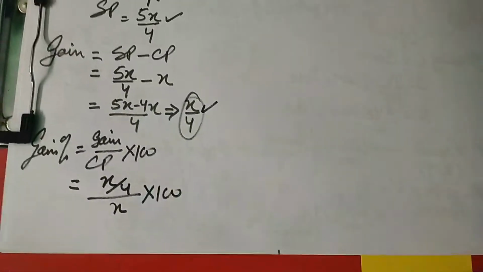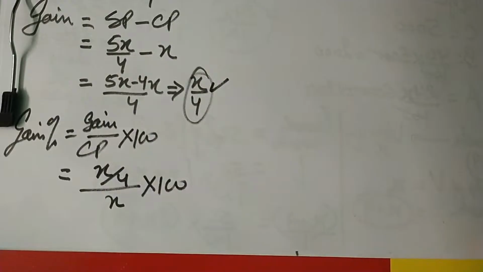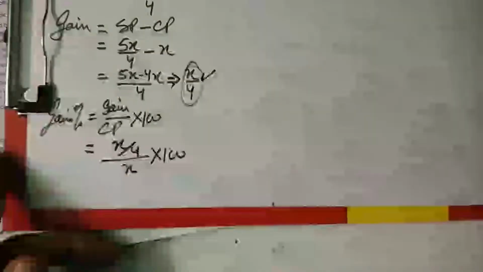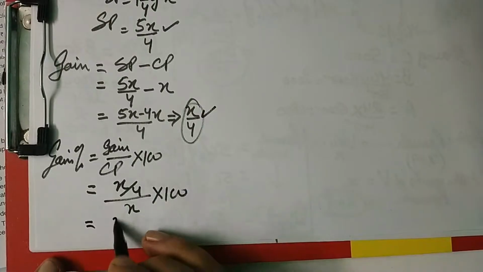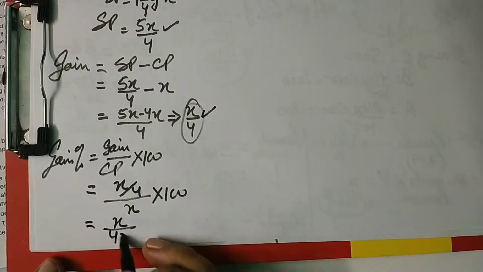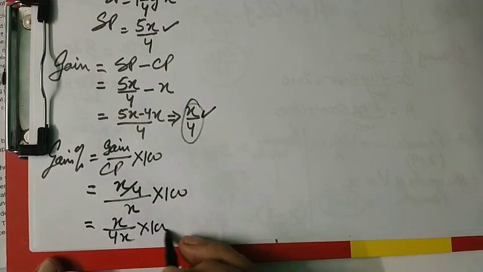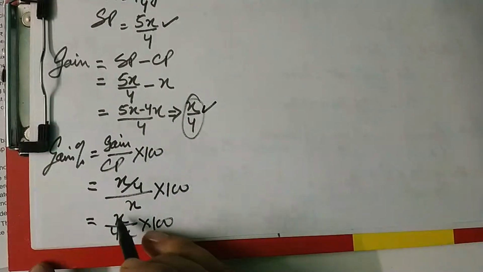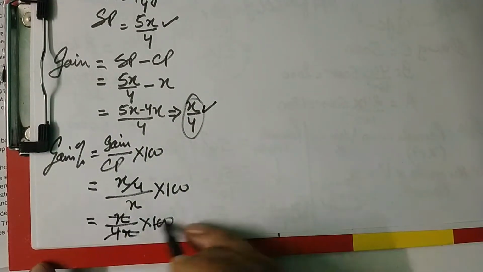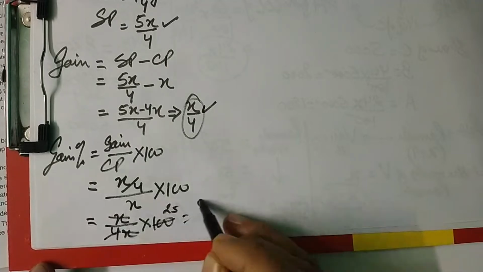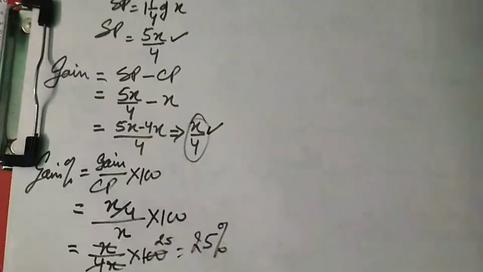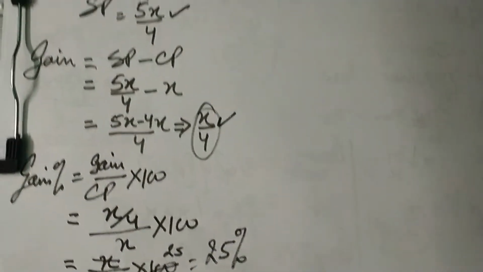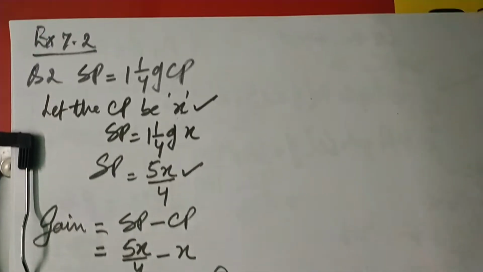So it becomes x upon 4 divided by x into 100, which will become x upon 4x into 100. Now x will cancel, and you will get the answer 25. So 25% is the gain percent by using the gain formula.